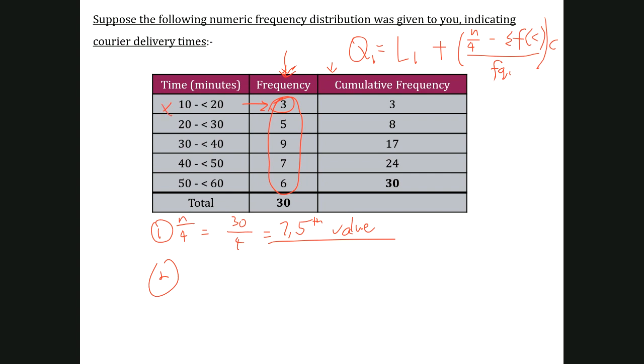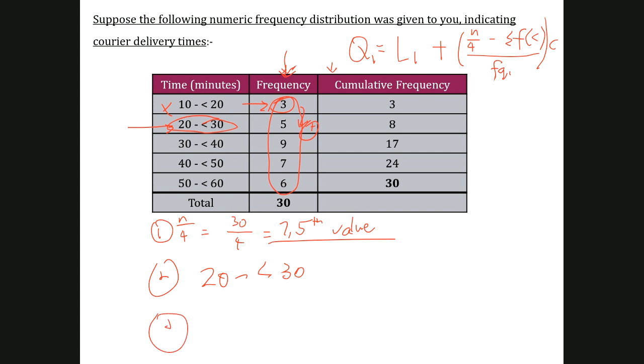Then when you say 3 plus the next frequency, which is 5, so 3 plus 5 gives you 8. This says to you that when you added on this next frequency, this is where you found your 7.5 value. So your interval then is 20 till less than 30.